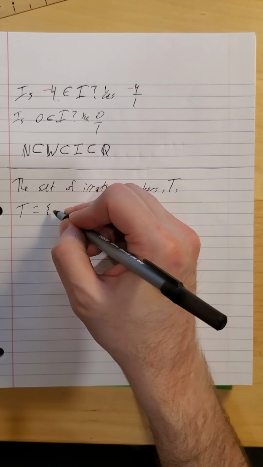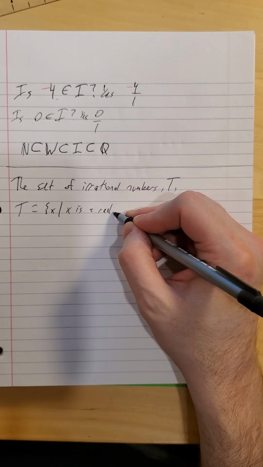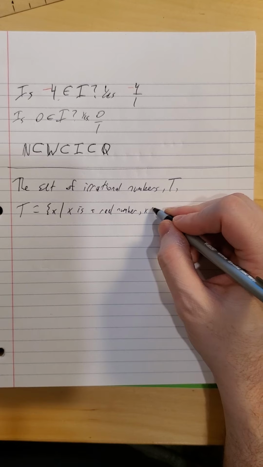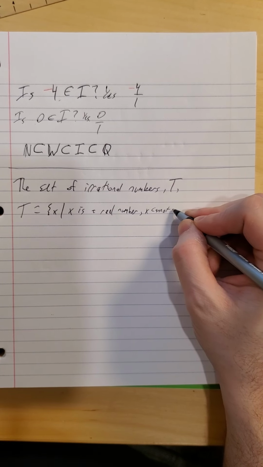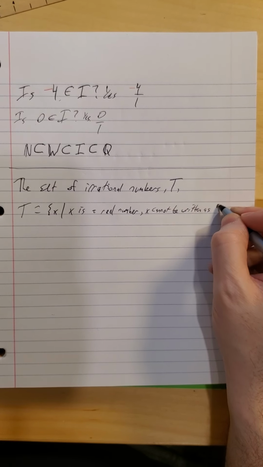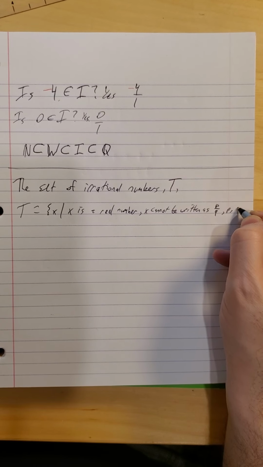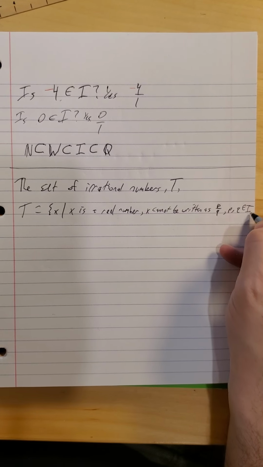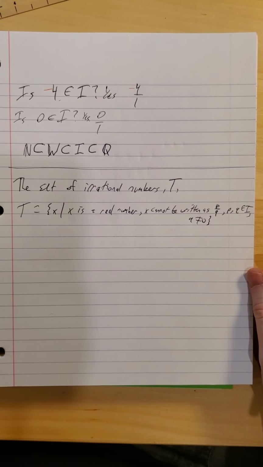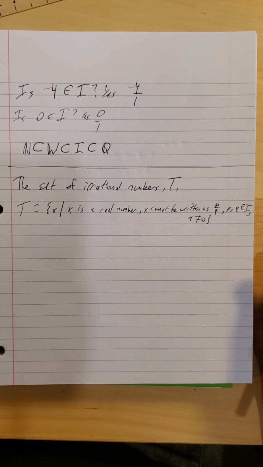So T is the set of all x such that x is a real number, x cannot be written as P over Q, where P and Q are integers, Q non-zero. So any real number that I can't write as one integer over another integer.